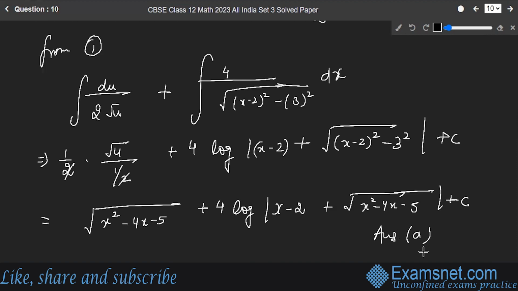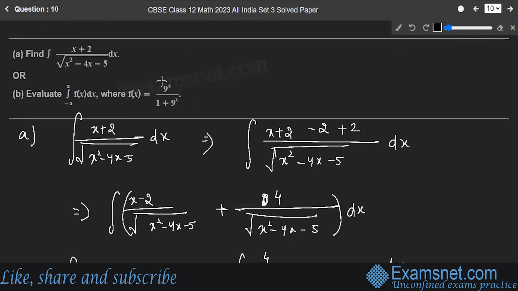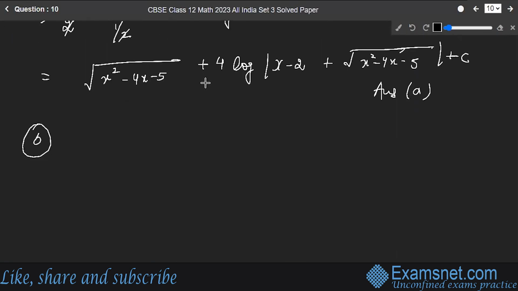Hope you understood this. Let's go to solve the B part of the same question. In the B part, you have to evaluate this. Let's write down the equation first. Fine. So according to the question, you have to evaluate, the limits will be minus a to a, 9 raised to power x upon this.